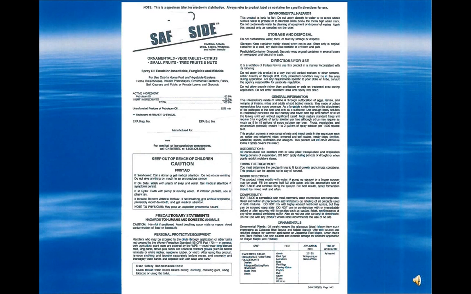This is another product which uses the same brand name and the same active ingredient. Note that the WPS reference statement or agricultural use box is not present anywhere on the label, which would indicate it is not for commercial use, even though it states it can be used in greenhouses. Reading the label would reveal that it can only be used in home greenhouses.